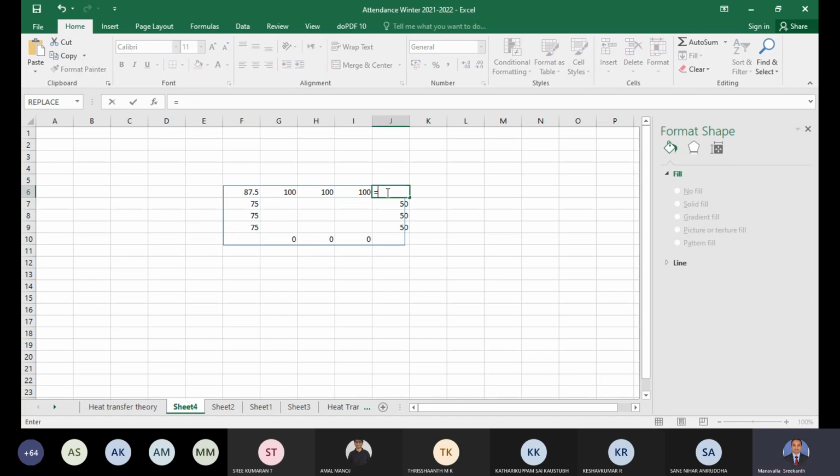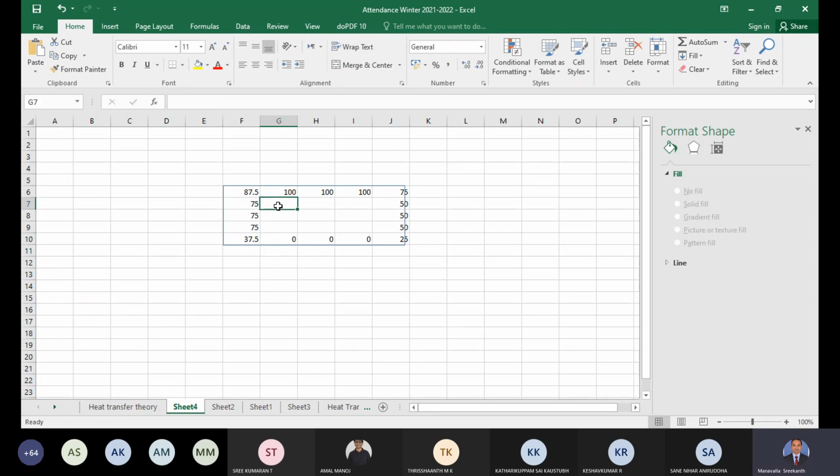And here also this corner node also. All the corner nodes are known.